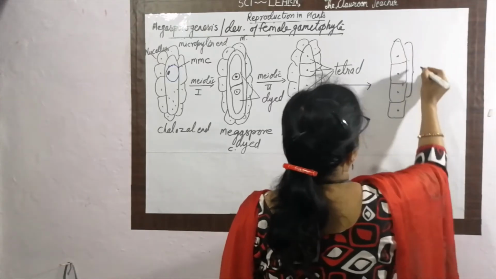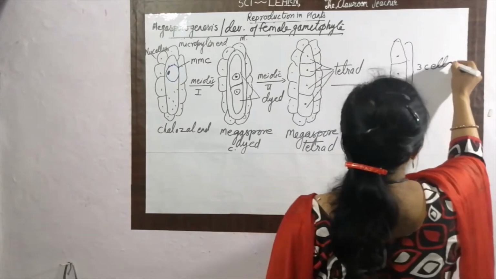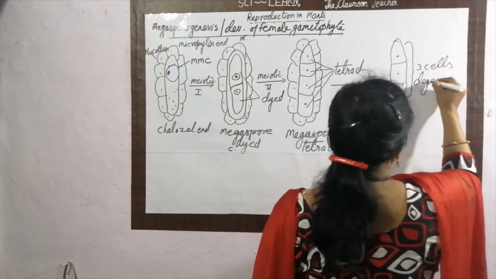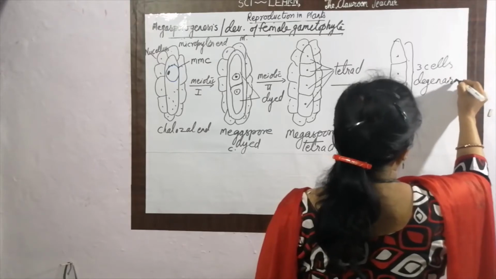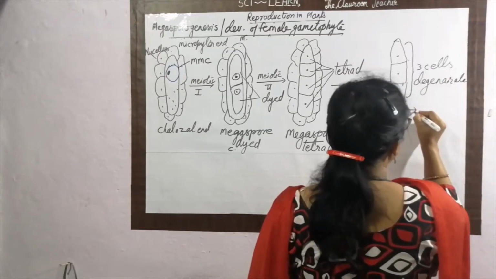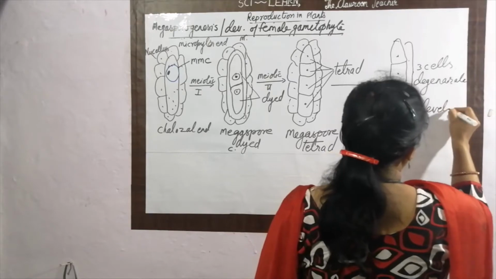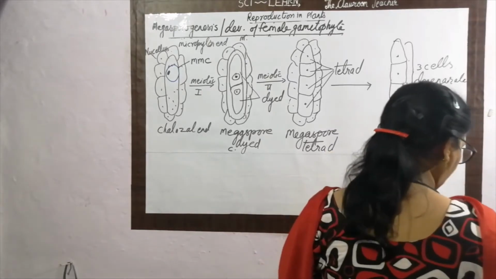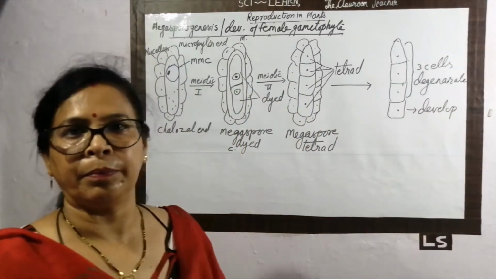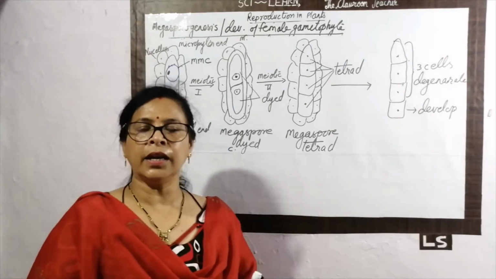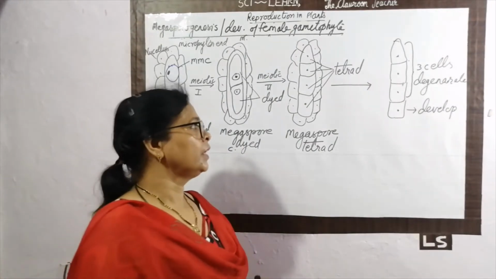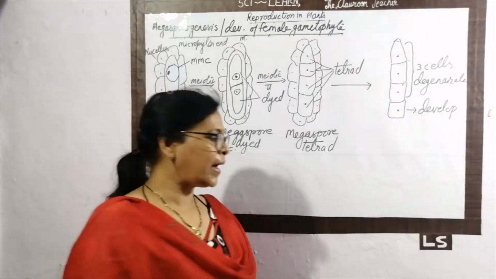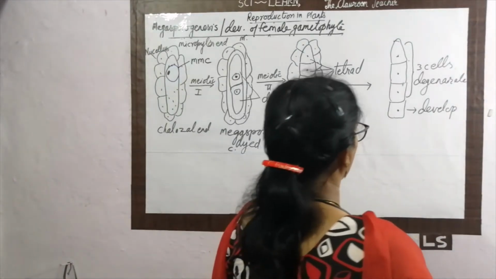Out of these 4, 3 cells degenerate and only 1 cell is able to survive. The cell which is at the micropylar end is able to survive.